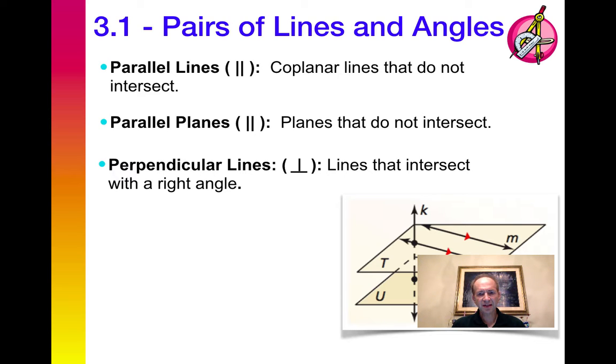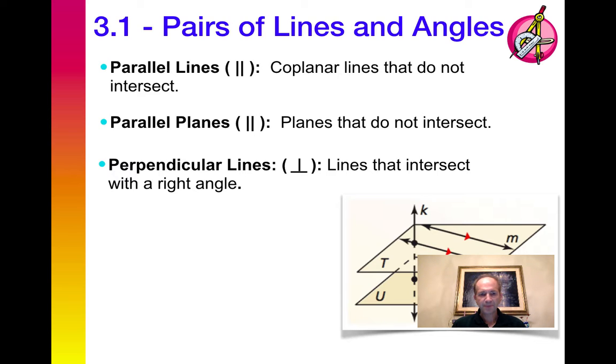Perpendicular lines are lines that intersect with a right angle. And you can see here that we have two planes that are parallel. We have two lines that are parallel. You can notice the arrows here, so there's an arrow here and an arrow here, and they're red.